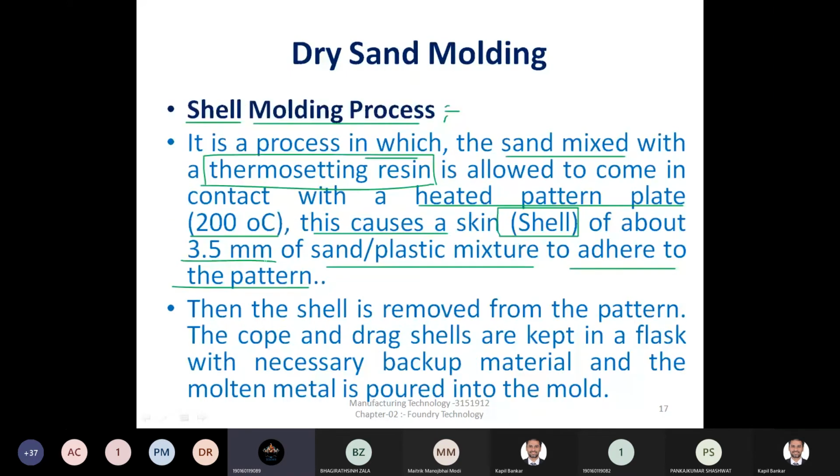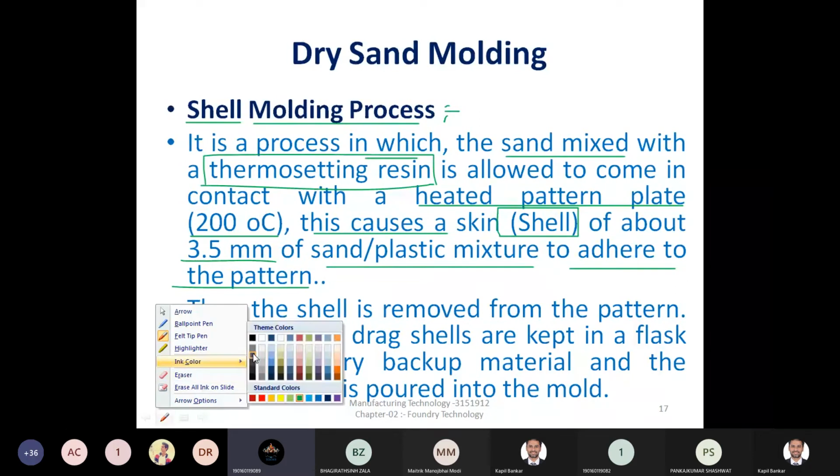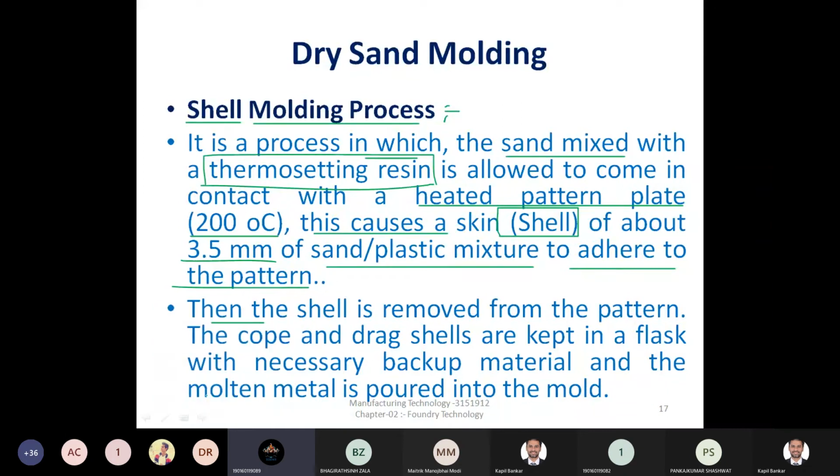Then what you have to do? The shell is removed from the pattern. Now we have to remove the clinging shell from the pattern. The two shells are kept in the flask. We repeat the procedure for the second pattern.